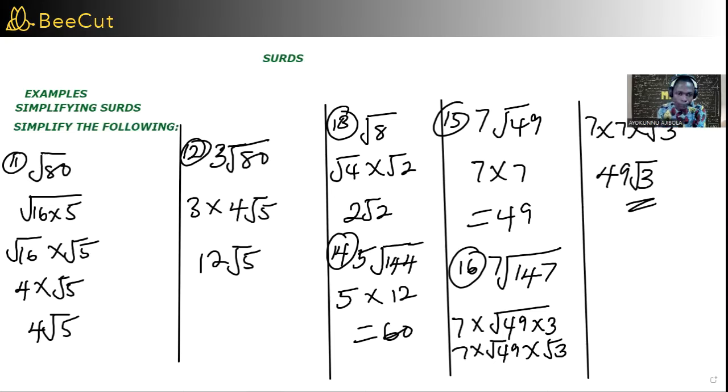So with that, okay, there's one more. That's the last one under that aspect. 7 root 98. Yes. Okay.